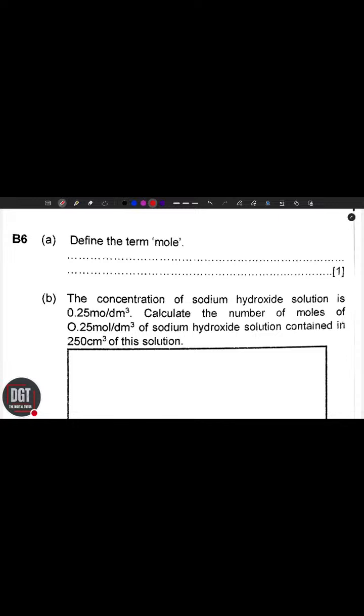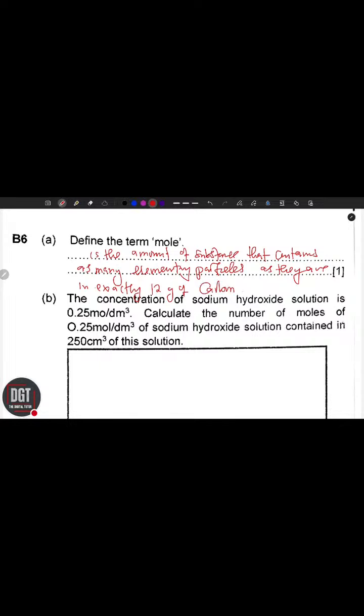So a mole is the amount of substance that contains as many elementary particles as there are in exactly 12 grams of carbon-12 isotope.